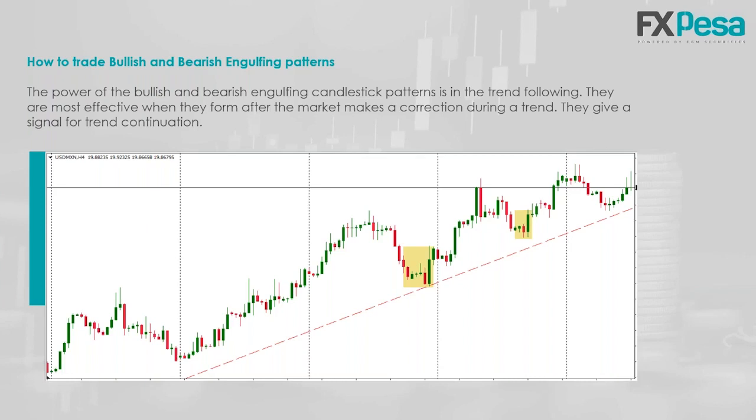Now let's look at examples on our charts. How do you trade the bullish and bearish engulfing candlesticks? Of course, you can have them as a trend continuation, and you are always looking at this type of candlestick along a support or resistance level. And this one is a support trend line. You're on an uptrend.